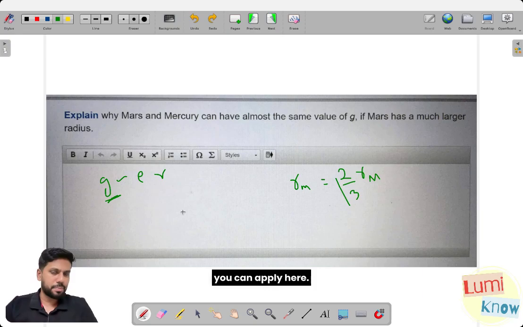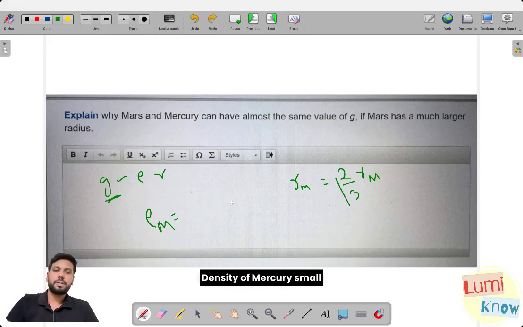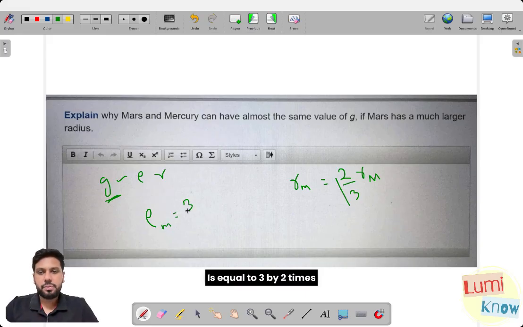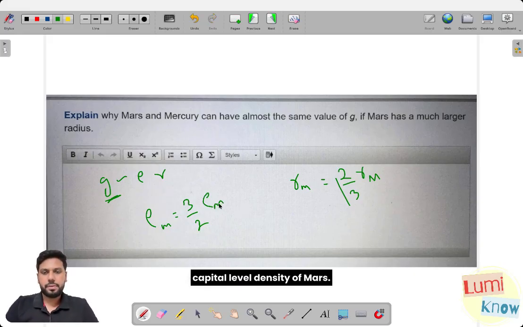This is a logic that you can apply here. So the density of Mercury, small m, is equal to 3/2 times the density of Mars, capital M.